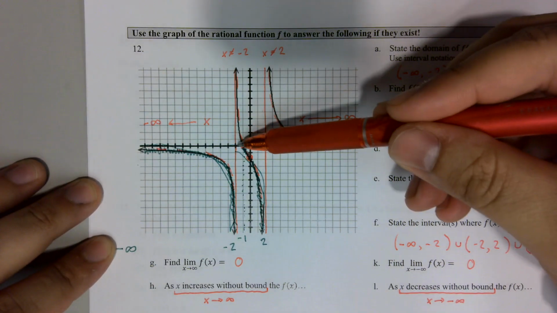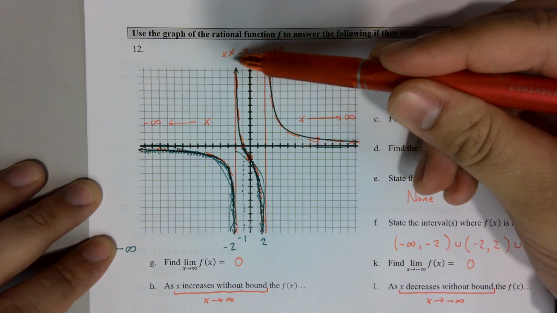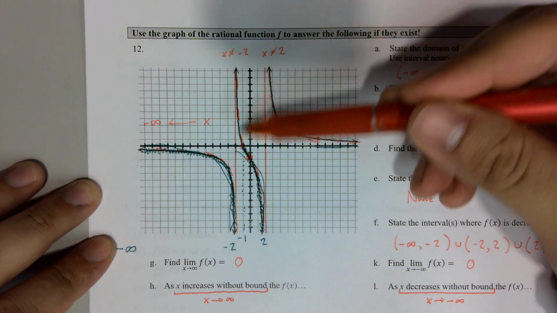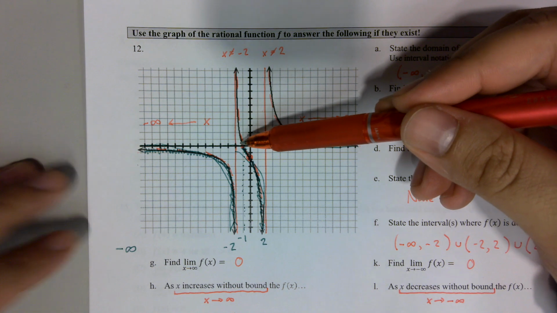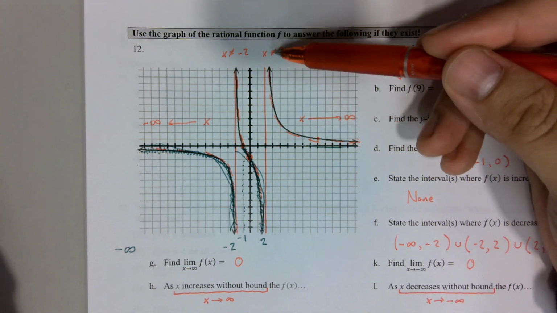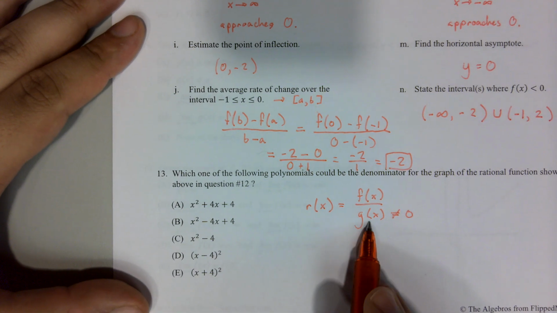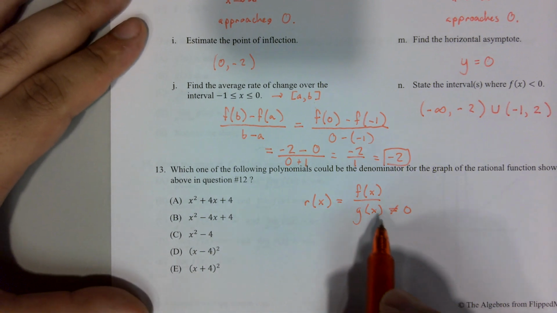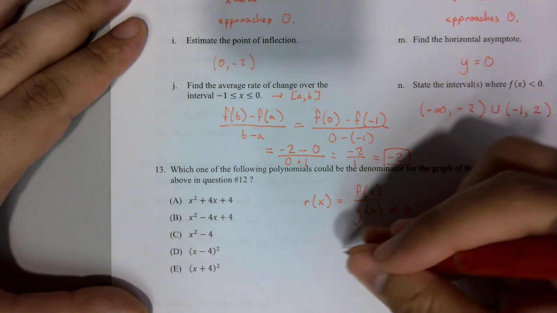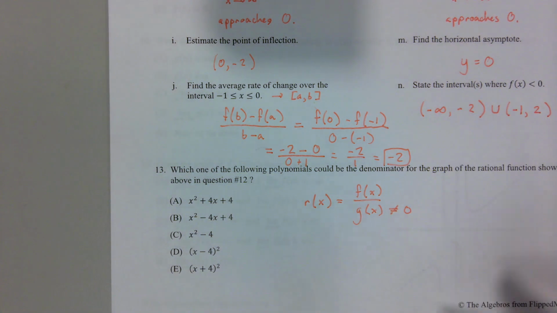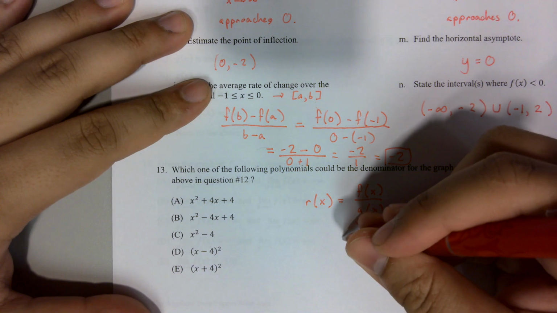So, if we look at our graph, notice that we have these vertical asymptotes at negative 2 and positive 2. So, we know that our function cannot be defined for negative 2 and positive 2. That means that whatever this function is for g of x, when we factor it, it can't be equal to negative 2 and positive 2.